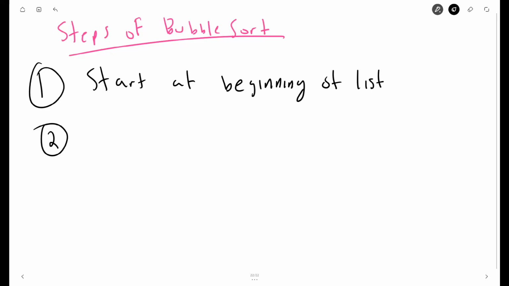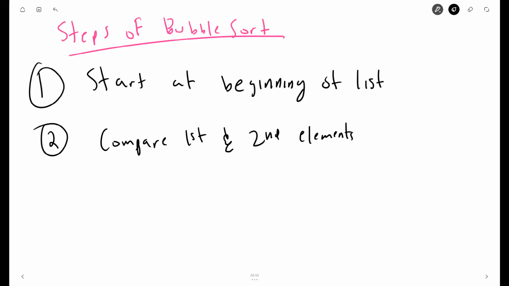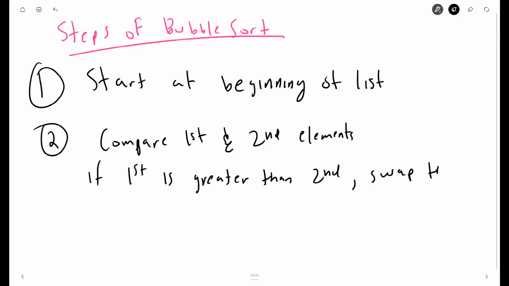Second, compare the first and second element. If the first is greater than the second, swap the elements.